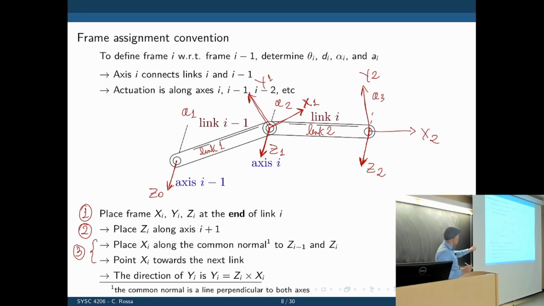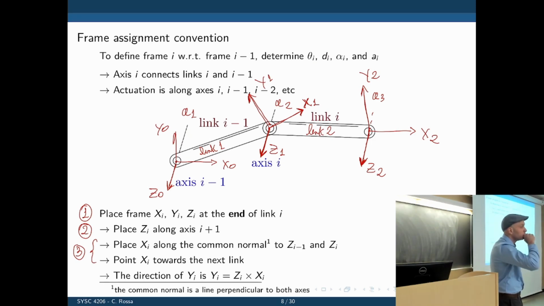And then for Z0, the very first one, which will serve as our reference frame, we can place it the way we want, but to make things simple, just in the same direction, like that. Now everything that we express will be with respect to this fixed reference frame. How many transformations do we need to go from the tip of the robot to the back of the robot now?